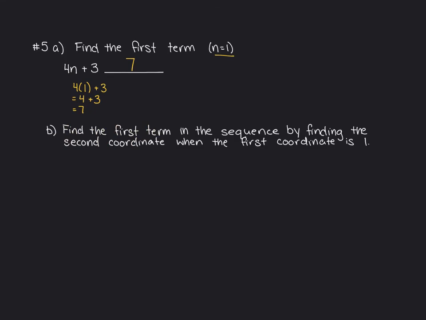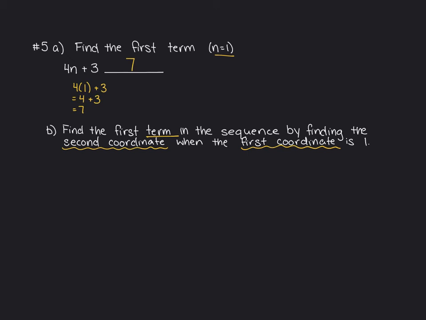Now, part B might very well be the most confusing instructions ever. So we need to sift through a good chunk of vocabulary. They will give you a graph, and they're asking you to find the first term in the sequence by finding the second coordinate when the first coordinate is 1.